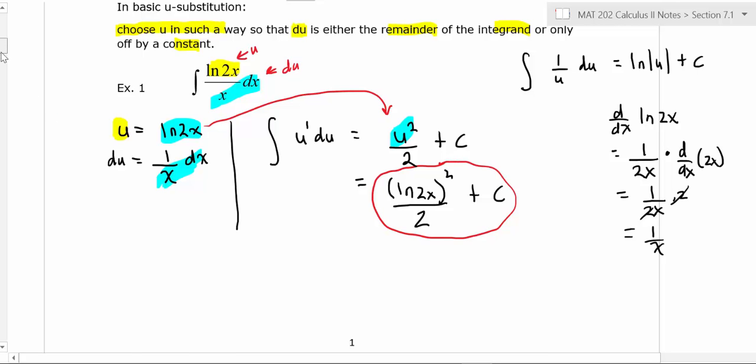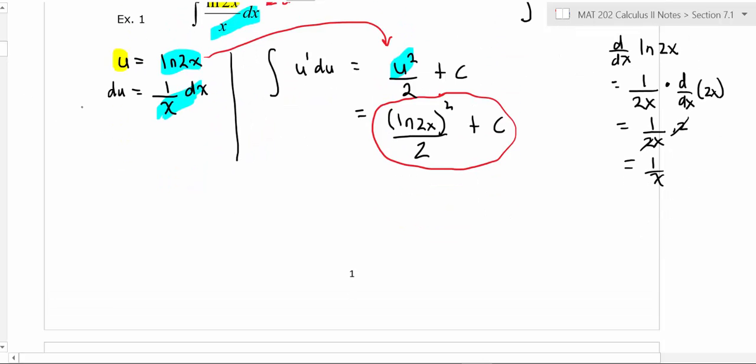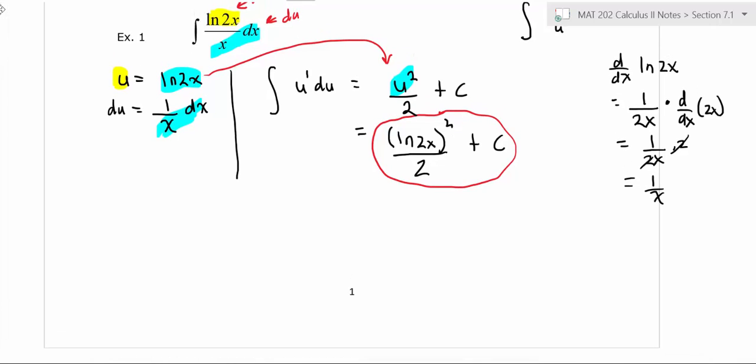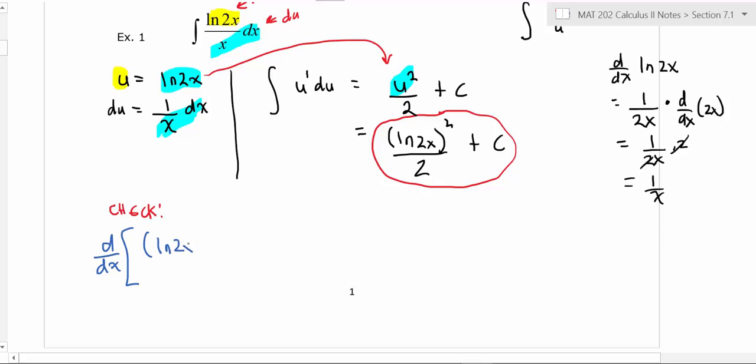Now, one of the things you want to be pretty confident in doing on problems like this is being able to verify that you're right. So I'm going to do that on some of these problems. Let's just check. If we take the derivative of ln of 2x squared over 2 plus c, by chain rule, you've got a constant 1/2.